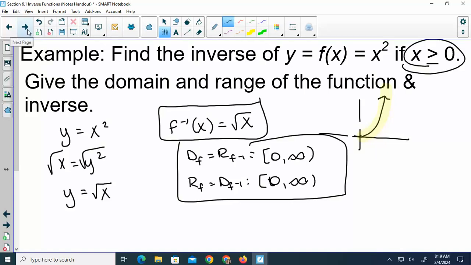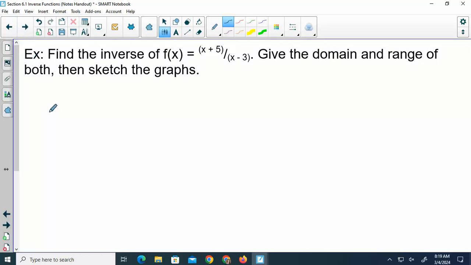One more. So y equals x plus 5 over x minus 3. Switch x and y.